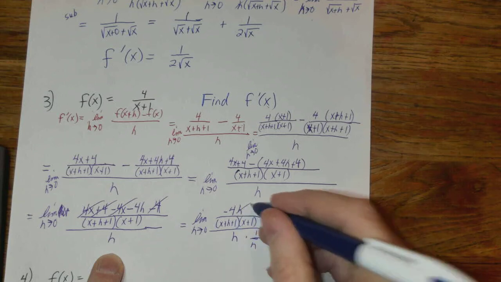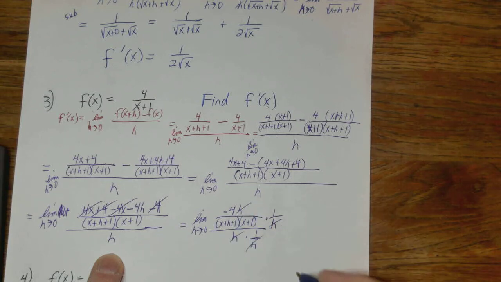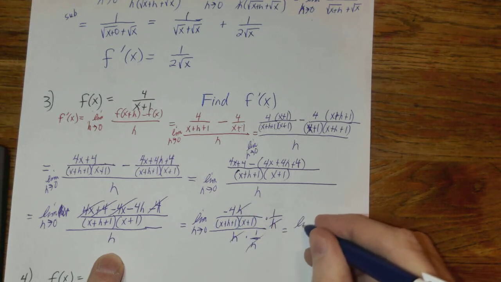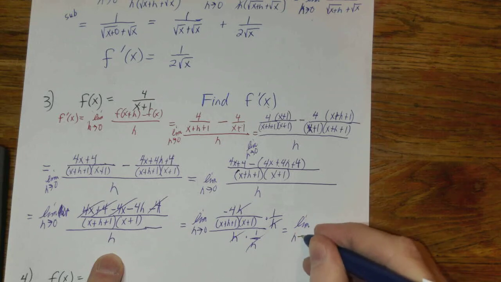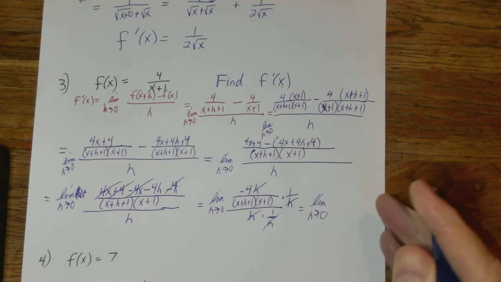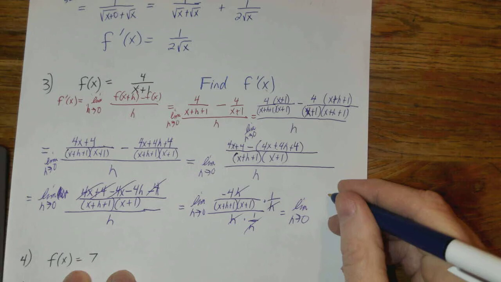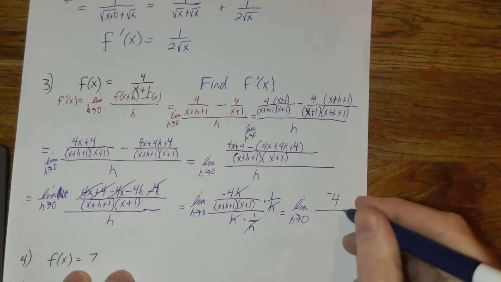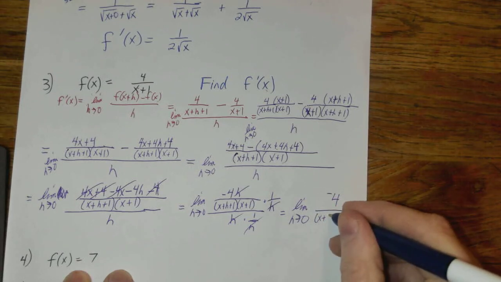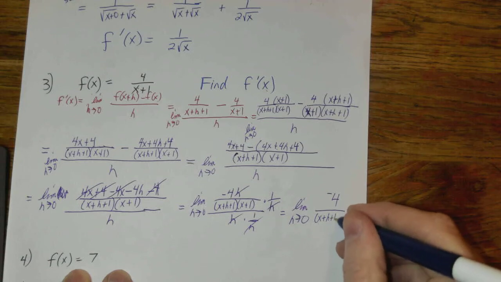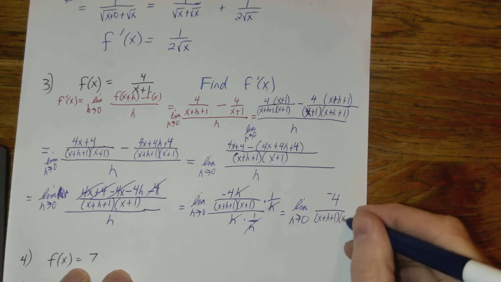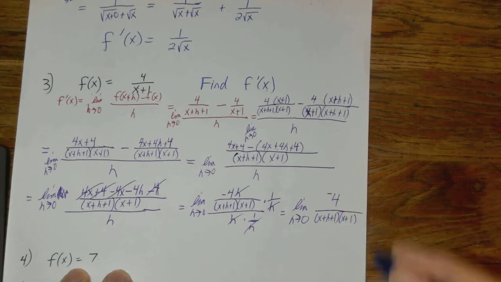And this h will cancel. So I got the limit as h approaches 0. Negative 4 is on the top. x plus h plus 1 times x plus 1 is on the bottom.